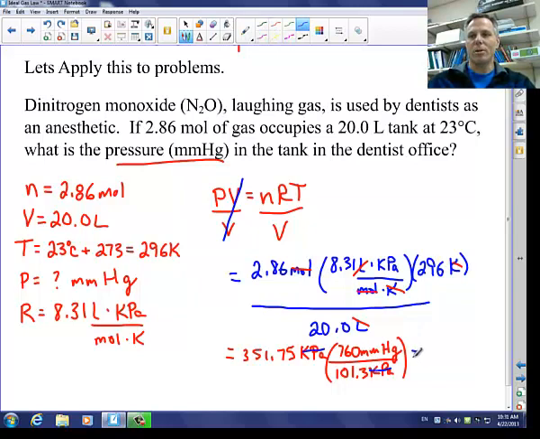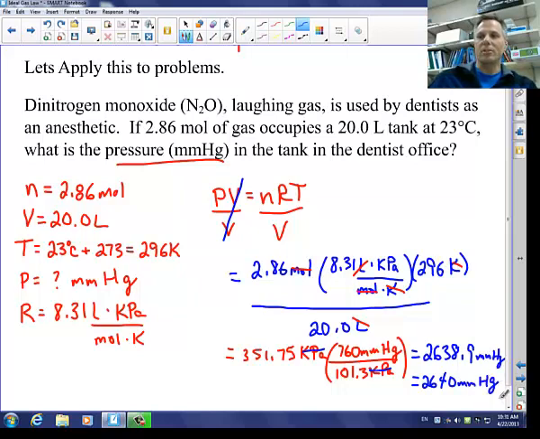And the math tells me here I'm going to get a final value of 2,638.9 millimeters mercury. Or that's basically, when you take into account significant digits, 2,640 millimeters mercury. So that's how you use the ideal gas law to solve problems.